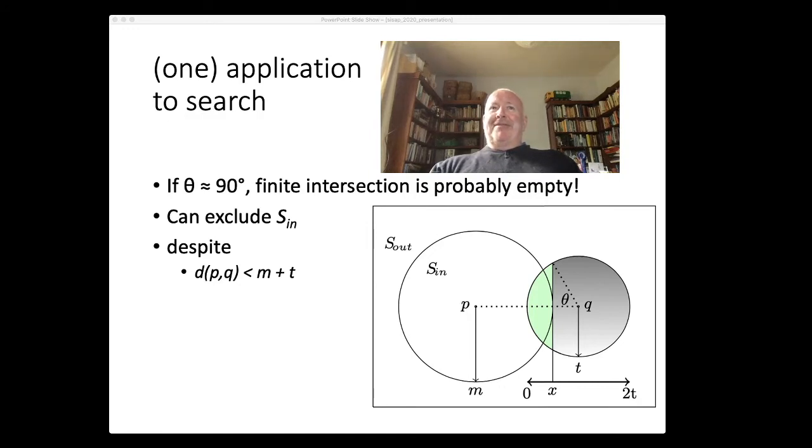And never mind very likely, we need to be able to quantify that and assign a probability to a member of the finite set that we're searching being in that intersection. We can't measure the intersection, but we can measure that green shaded area relative to the volume of the hypersphere. And if it's very, very likely that there'll be no elements of the finite set in that green area, then we can exclude the set S in, even though the triangle inequality doesn't prove that the intersection is empty.